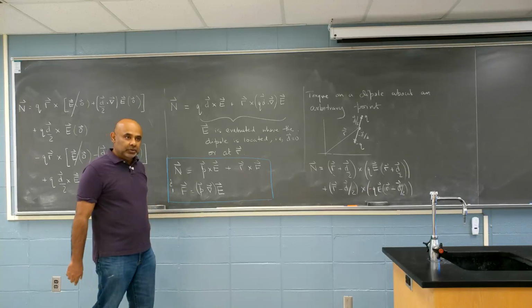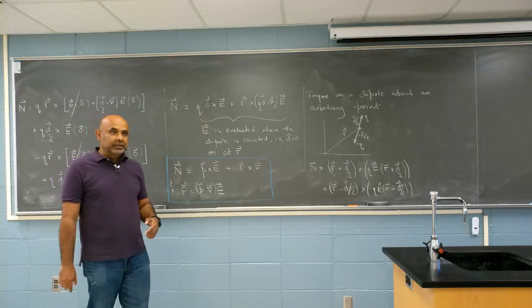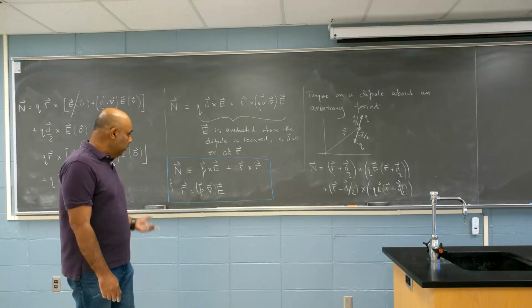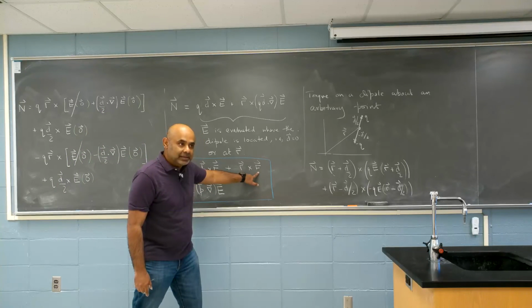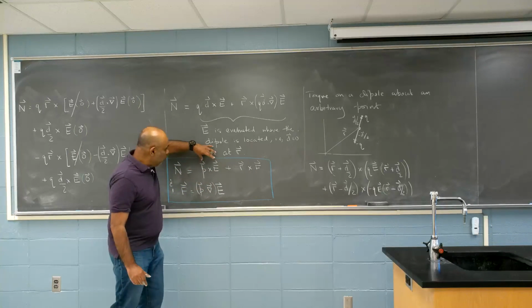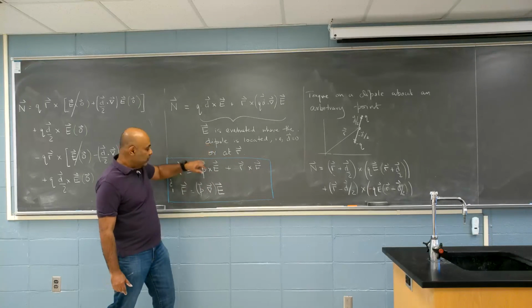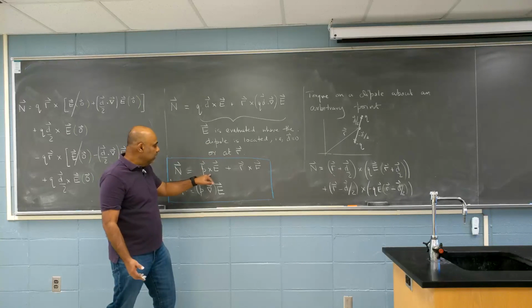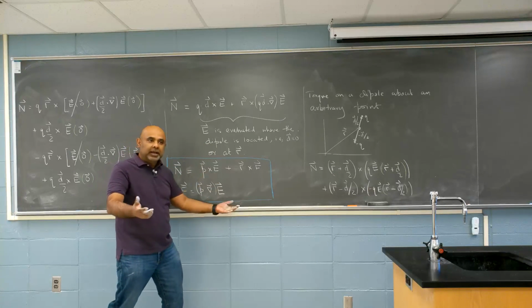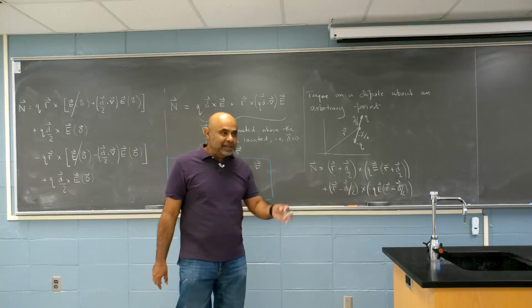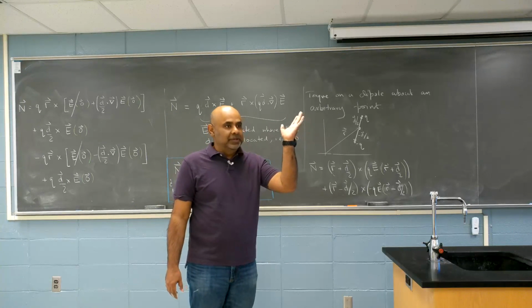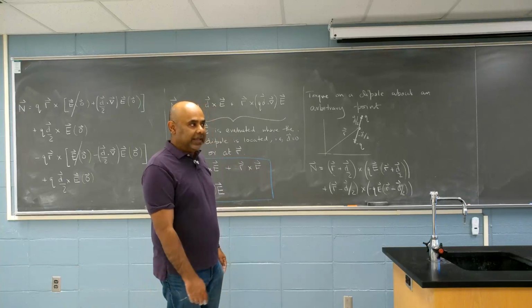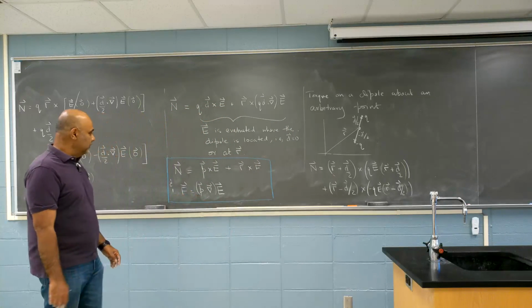That's how you get the force. Then if you want to get the torque on the dipole, first thing you do is the torque about the center of mass. That is this R cross F. Then torque about the dipole, where P is the dipole, and the electric field is where the dipole is located. The physical dipole is considered to be just a point. D goes to 0. That's where the dipole is located.